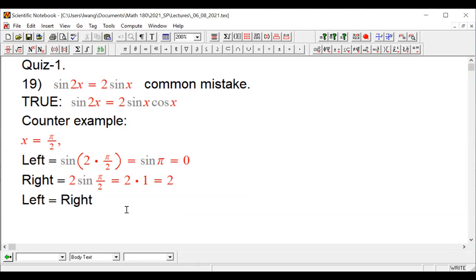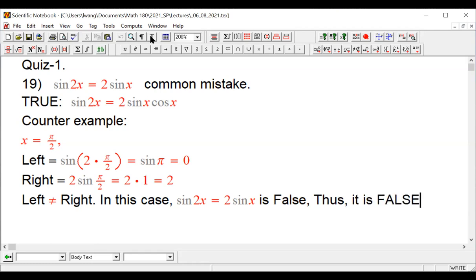I pointed to all these different aspects so that you're not going to make that kind of mistake. So in this case, when x is pi over 2, it is false. False once, thus it is false. This is a statement you cannot use.